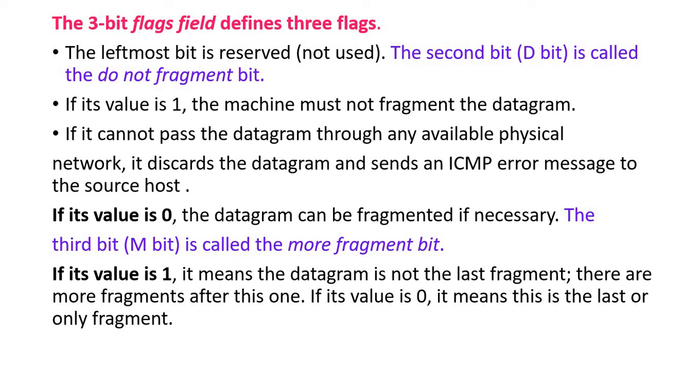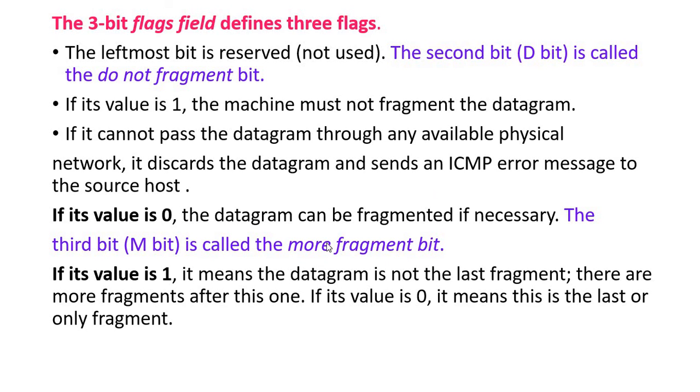The leftmost bit is reserved. The second bit is called the do not fragment bit, and if its value is 1, the machine must not fragment the datagram. If it cannot pass the datagram through any available physical network, it will discard the datagram. If its value is 0, the datagram can be fragmented.